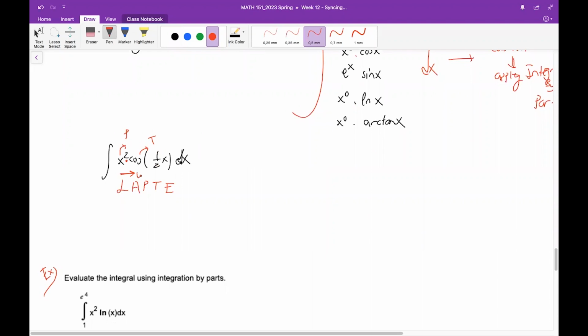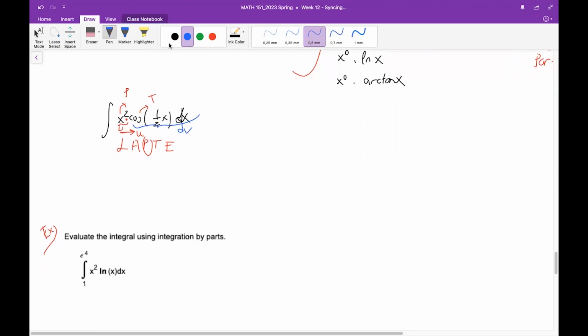In this list, which function comes first? You will be careful about which function comes first in this list. Then you will choose it as your u. Polynomial and trigonometric we have. Since polynomial comes first in our shortcut, I will choose the polynomial part as u, and the whole remaining part will serve as dv. That's how you need to choose u's and dv's from your expression, okay?